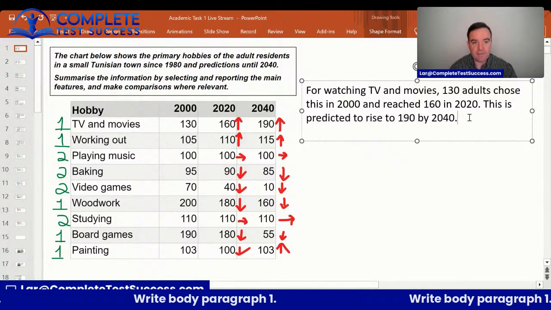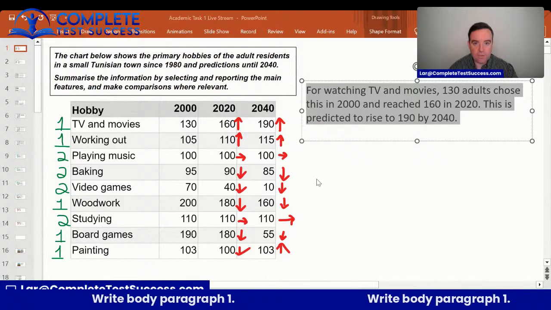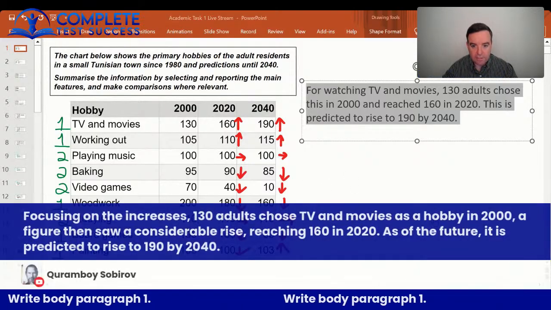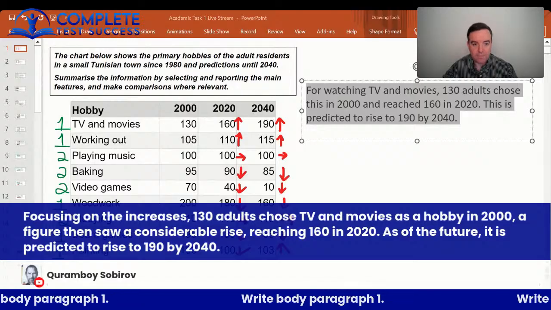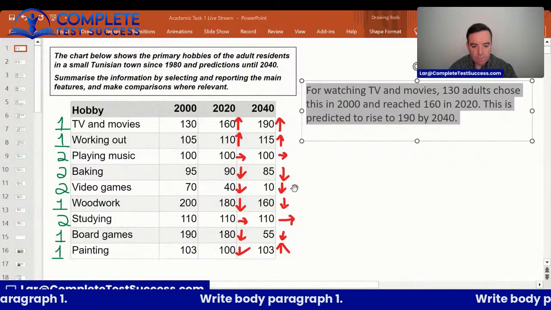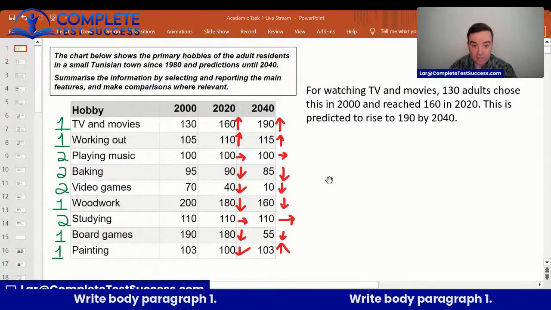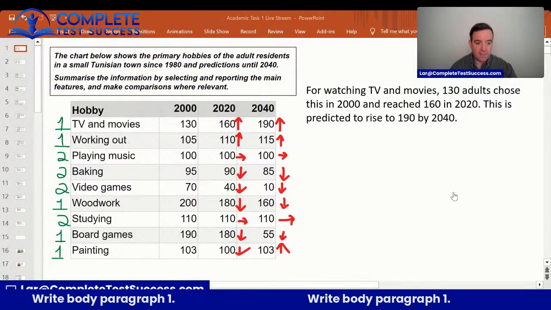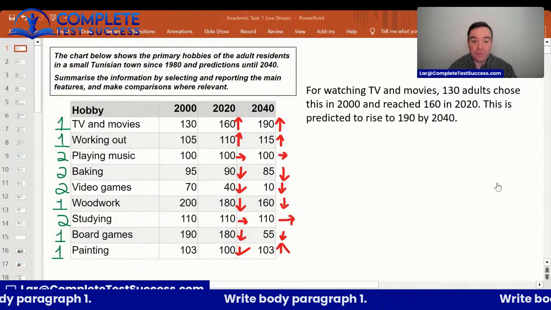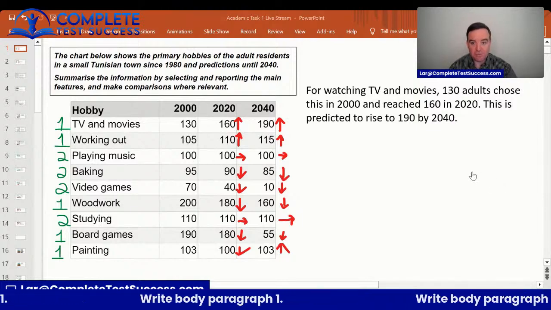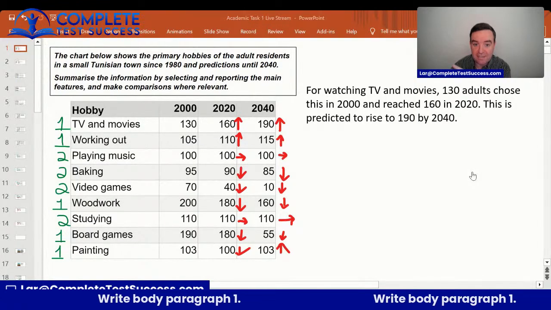So what I mean is your writing, Karamboy, is really strong. It's a very well written description. But the concern is, are we actually going to finish this essay on time? That's a real concern in the IELTS test. When you only have 20 minutes, very often the goal of having a very beautifully written essay goes out the window when you see a question with so much data like this one.